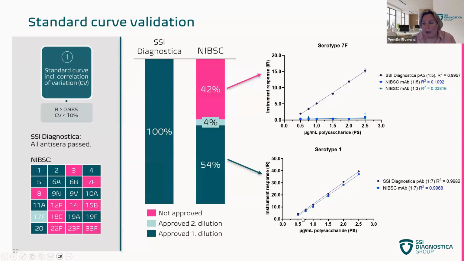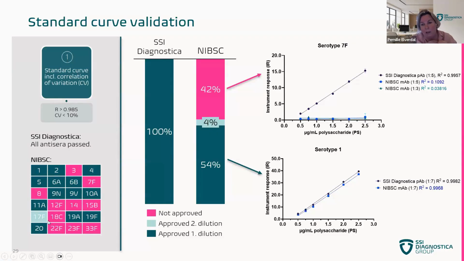Of the ones which passed, here's an example of type 1, where we saw the exact same curve for the monoclonal antibody and the polyclonal antibody. So some of them worked, and those are the ones coming out in green. For some, we had to do a second dilution step to get it to fit, and that was 17F.